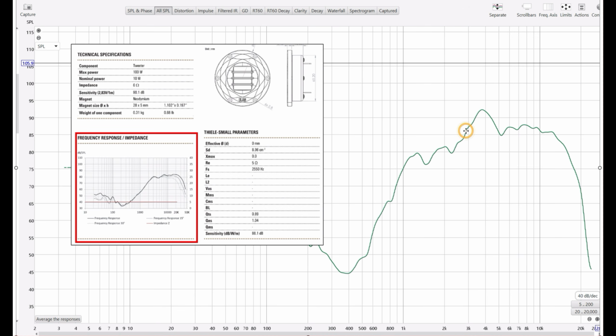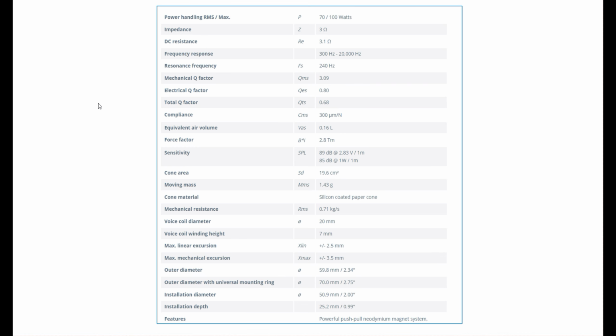This thing's rolling off here at about 3,000 hertz. It's pretty close, but you can tell that the curves are not identical, and that's just because of the way that they've been installed, right? And that kind of brings us to the end of the speaker spec tutorial.